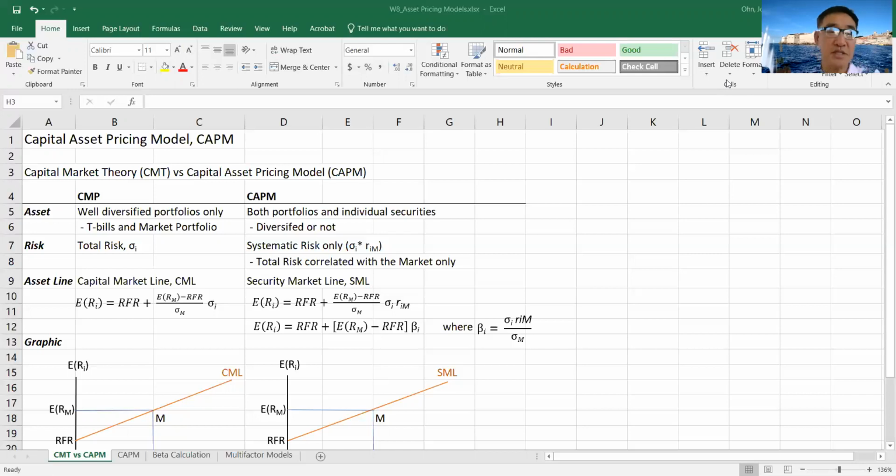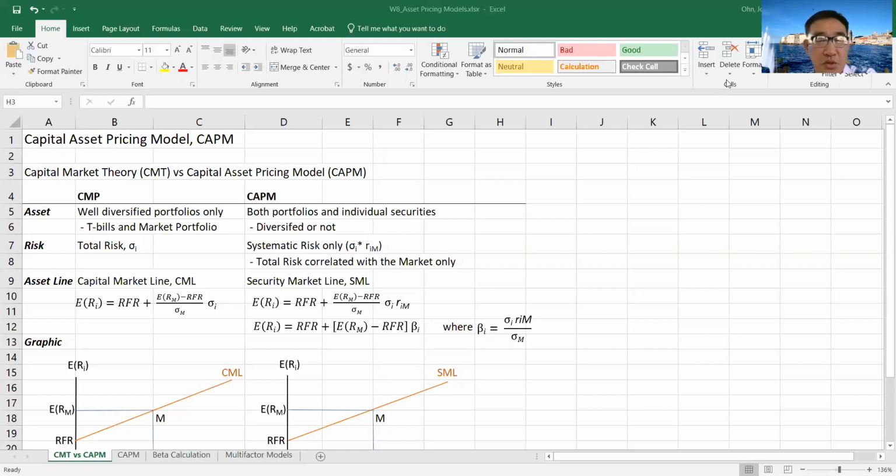And then the risk factor. In capital market theory, we are talking about the total risk measured by the standard deviation, right? That's the risk measure. But in CAPM, the risk measure includes only the systematic risk portion, so the unsystematic risk portion is not included here.